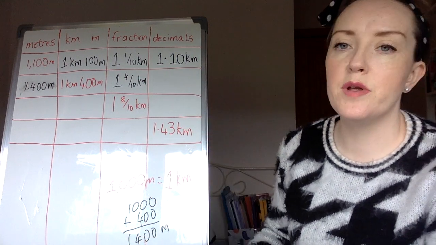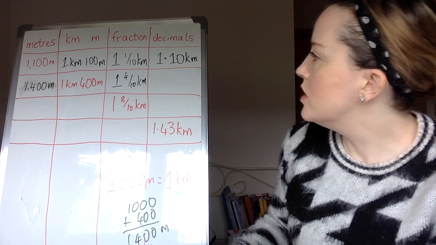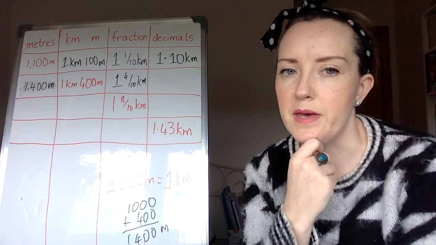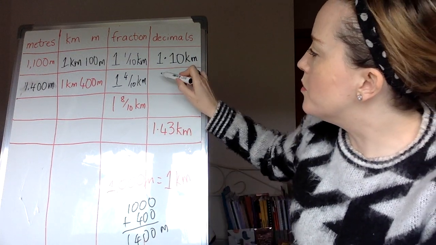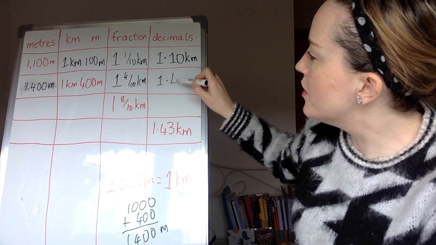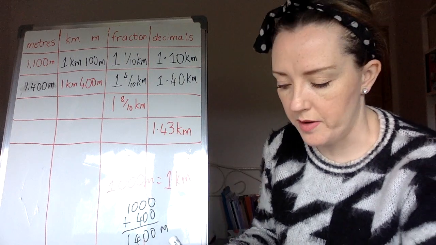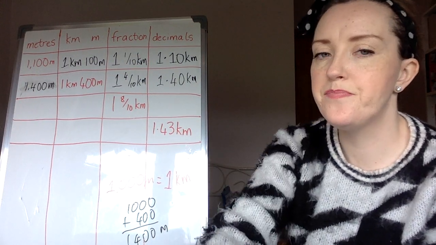The next step, I'm going to convert it into decimals. Okay? So 1/10 was 1.10. So what do you think 4/10 might be? Very good. It's going to be 1.40 kilometres, or you can write 1.4 kilometres, it's the same, it's not wrong.